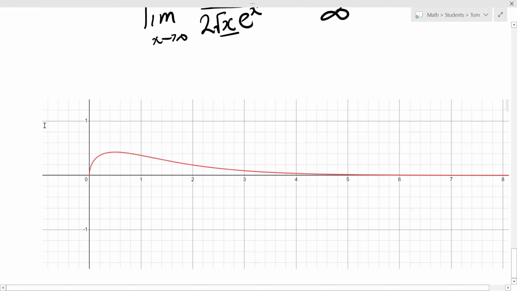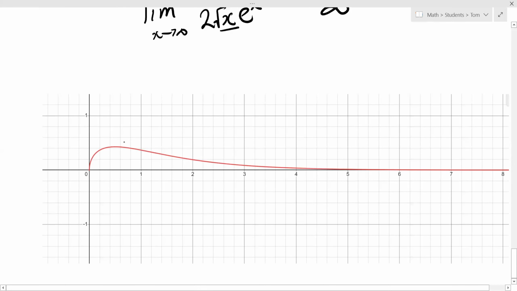All right, so you can see this is how the graph looks. Yes, we started with 0, but as x gets closer and closer to infinity, you can see that as it increases, it's going down again. It's getting closer and closer to 0, but it doesn't actually touch 0 anymore.